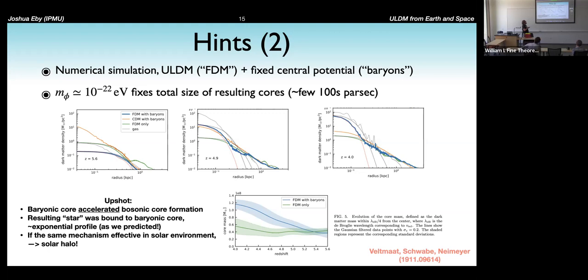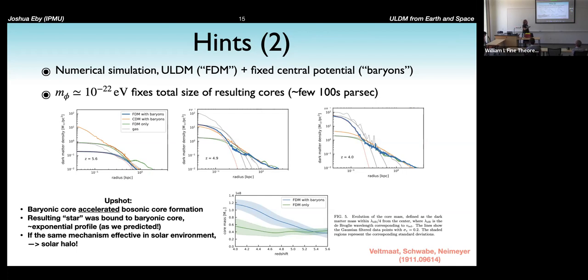So if you compare the shape of this profile to the shape of this profile, you actually find that the shape of the blue curve is much more well approximated by the exponential function that I described as being relevant for the bound bosonic halo, as opposed to the green shape, this very wide shape that is relevant for a boson star.